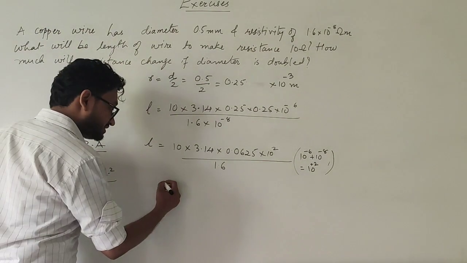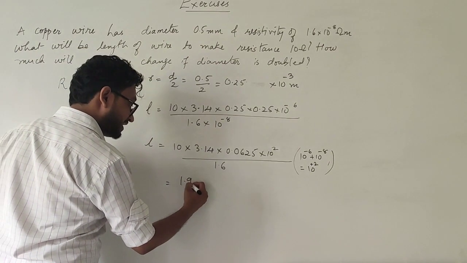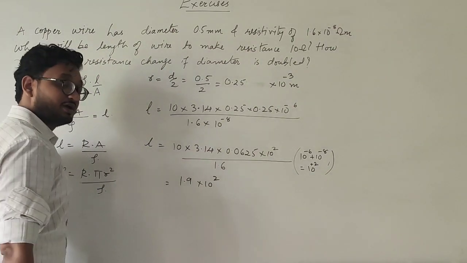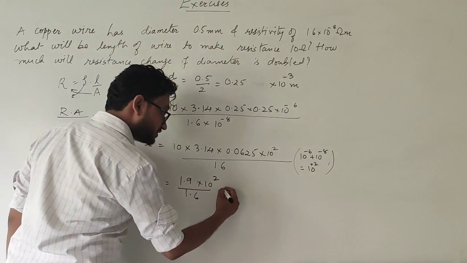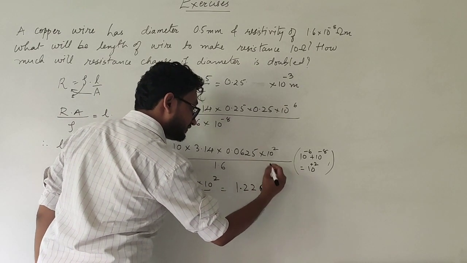Now solving this, it will give you a value of 1.9 into something, 10 raised to 2. And over here you will have 1.6, and final solution will give you the value of 1.2265, something like this.